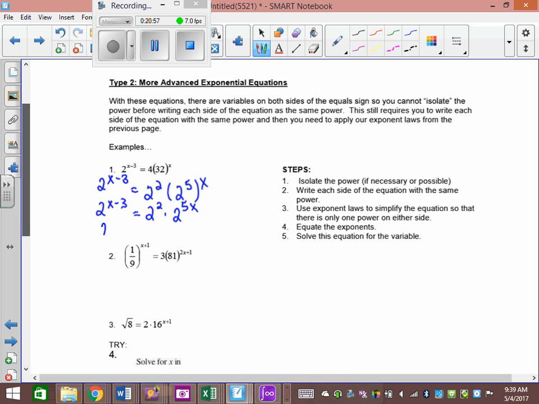Yep. 2 to the x minus 3 equals 2 to the 2 plus 5x. We have to add exponents. Now we have the same base and we can set the exponents equal to each other. So we have x minus 3 equals 2 plus 5x.